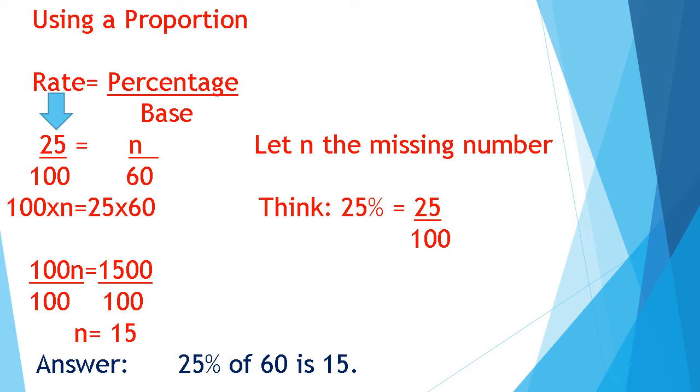We are going to divide both sides by 100. So we cancel 100 and the other 100. So the remaining is n. So 1,500 divided by 100 is equal to 15. So n is equal to 15. So the missing number n is 15.